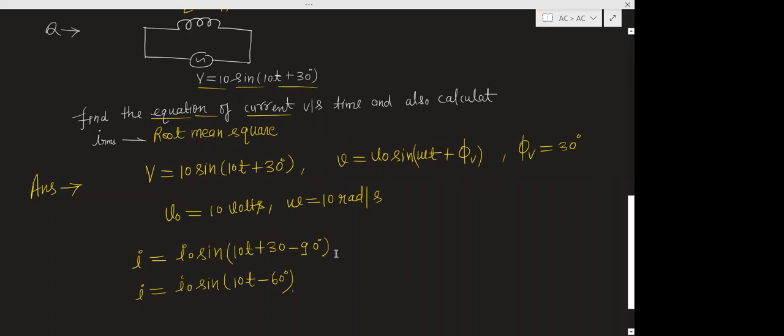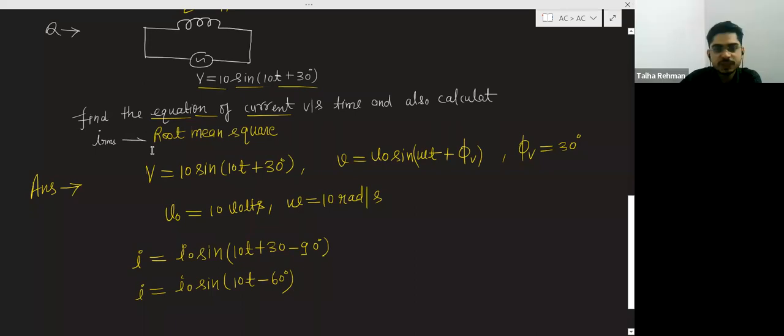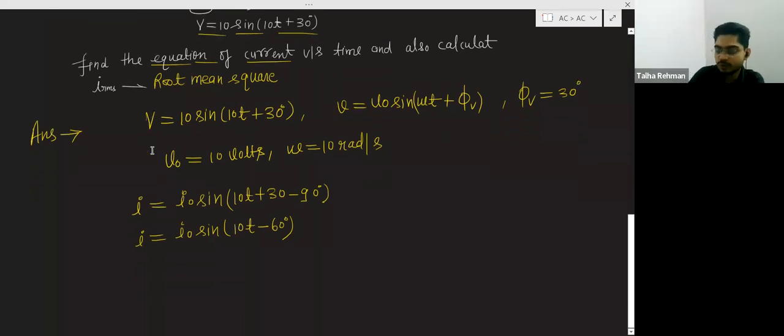So this is the equation of the current you will get. And they are asking for the root mean square value of the current. I have told you I RMS is given by the peak value of the current divided by root 2. So calculate first the peak value of the current.